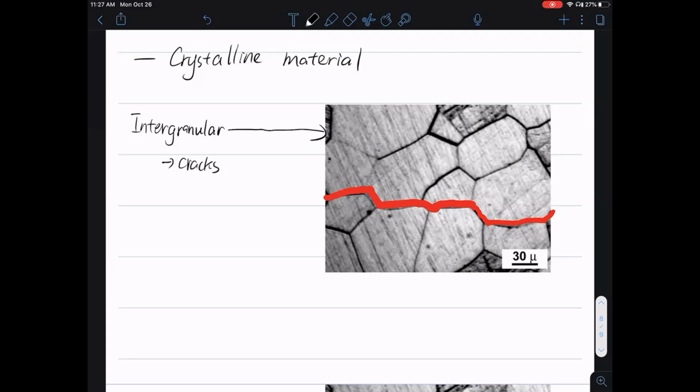So the crack propagation is along the grain boundary.